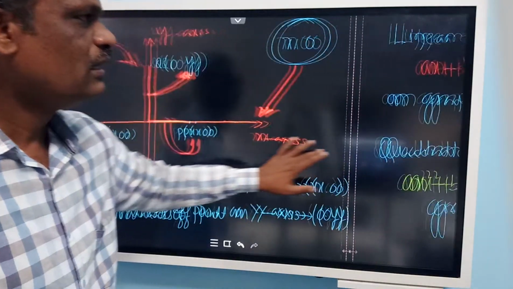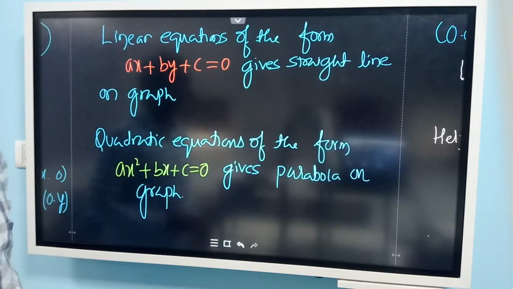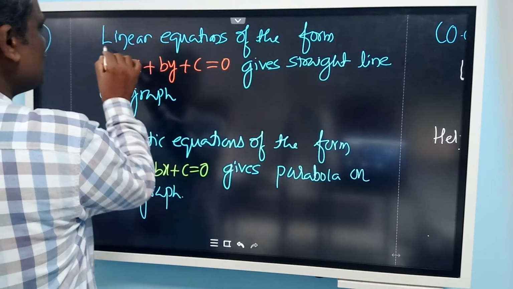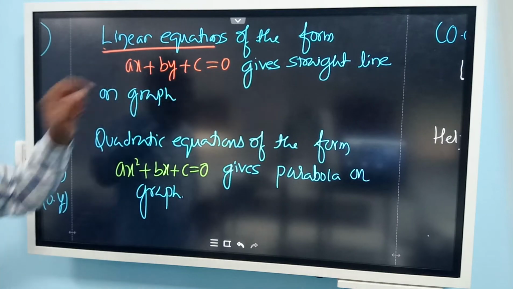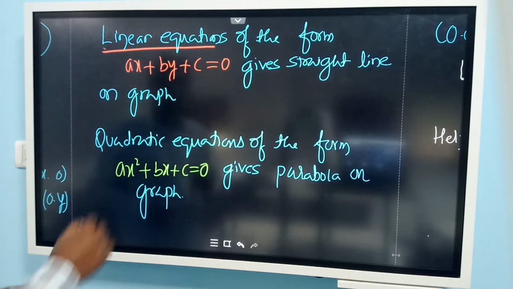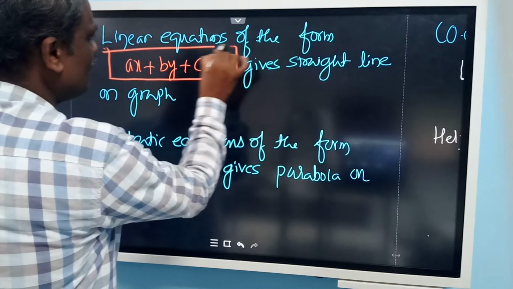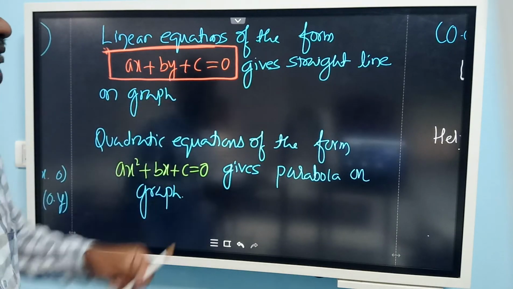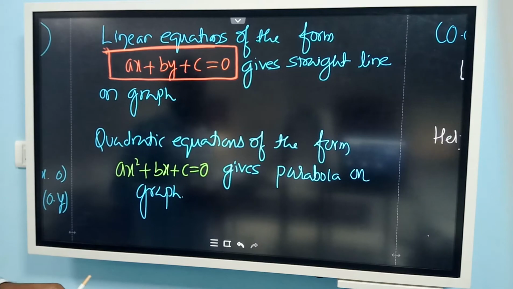Let us now see the graph of certain equations. Equations of this kind are called linear equations. Any equation of this form, ax plus by plus c, is the general form of a linear equation.